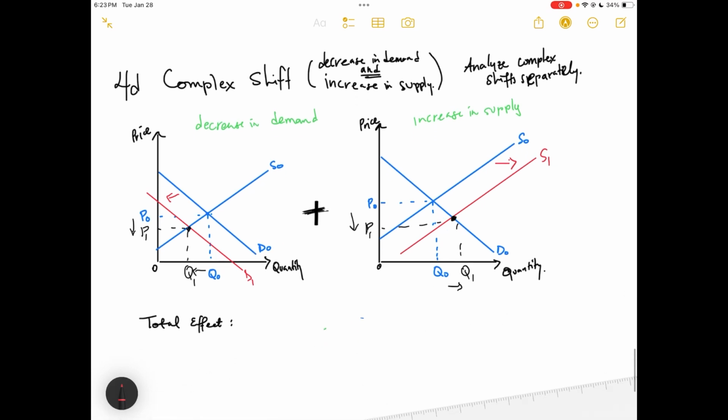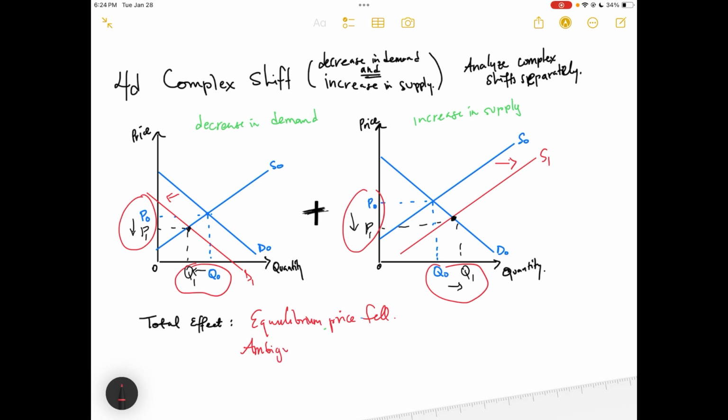The total effect. For sure, we notice our equilibrium price fell. So equilibrium price drops or fell. And what is happening to equilibrium quantity?